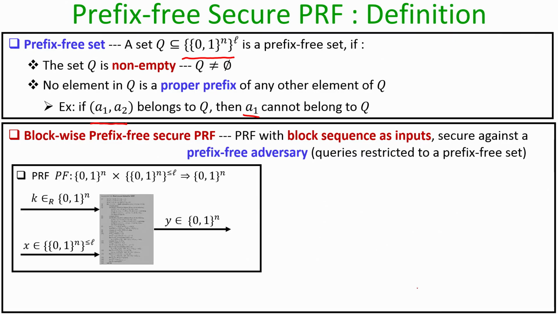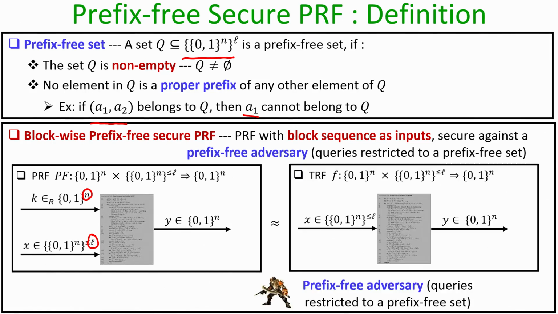So, syntactically, a block wise prefix free PRF will be a keyed function, and it will take a key of size little n bits, and it takes a sequence of blocks as input. So, it can take up to little l blocks here, where each block is of fixed size, namely little n bits, and it gives you a fixed size output, little n bits.